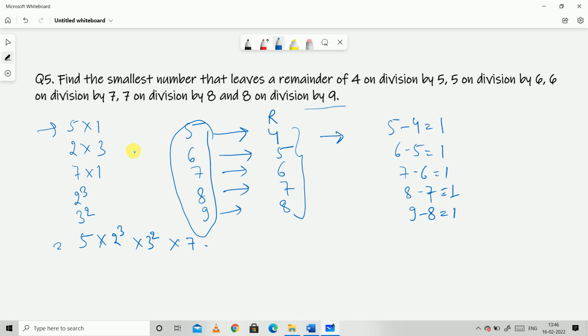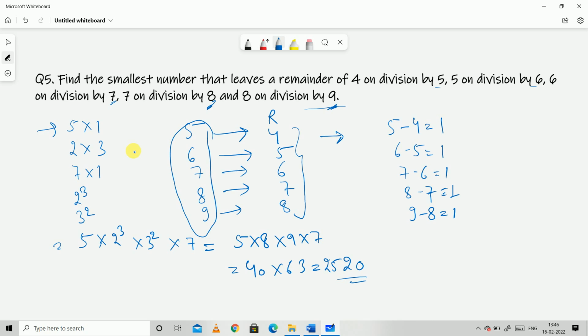Everything is taken. So we have 5 into 8 into 9 into 7, which is 40 into 63, and that gives 2520. This is the LCM of the given numbers 5, 6, 7, 8 and 9.